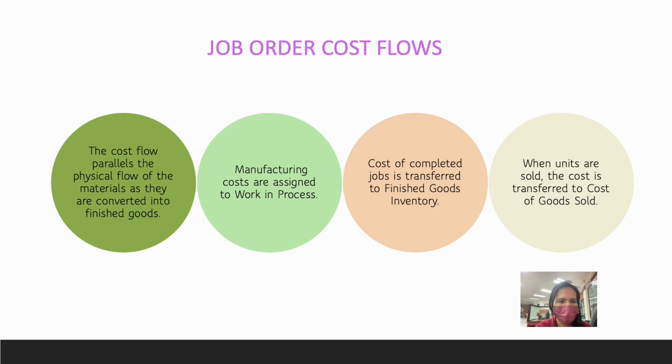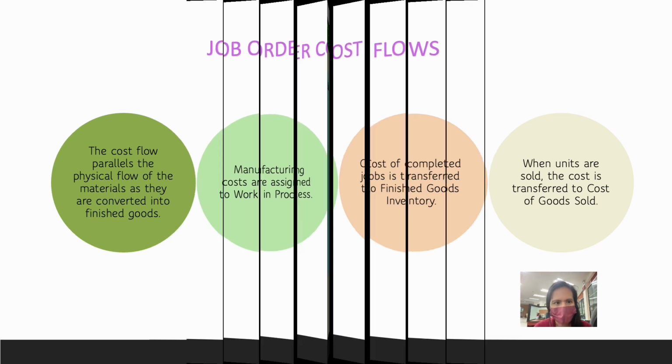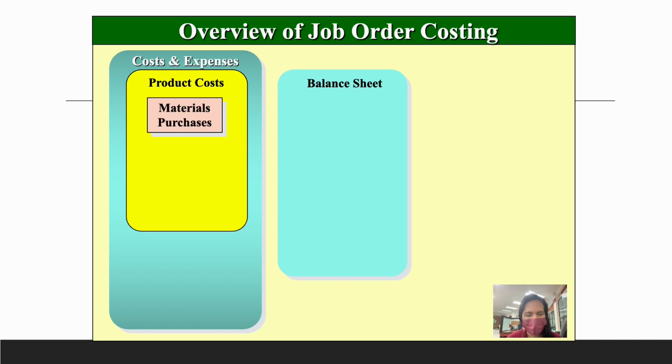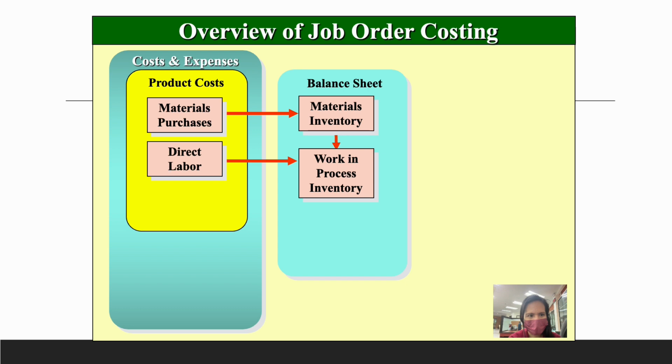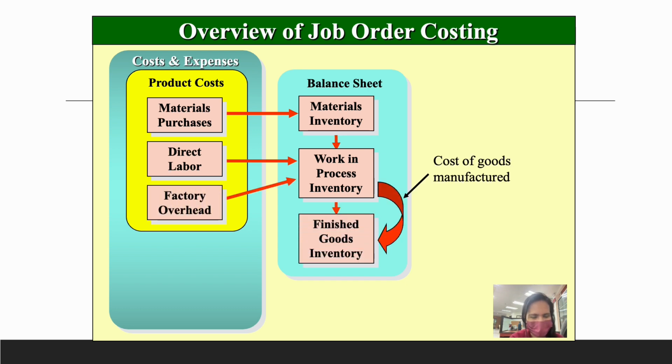So this is the job order cost flow. The cost flow parallels the physical flow of the materials as they are converted into finished goods. Manufacturing costs are assigned to work in process, and when completed, transferred to finished goods, and when sold, transferred to cost of goods sold, just like what we did in the previous topics. We have the materials purchases, the direct labor, the factory overhead.